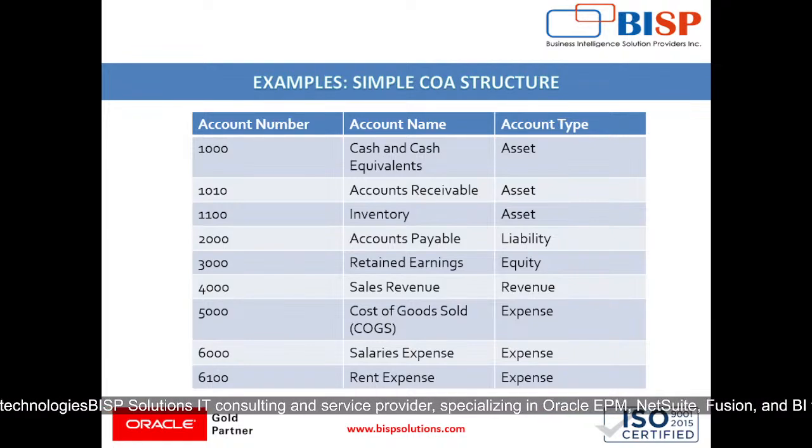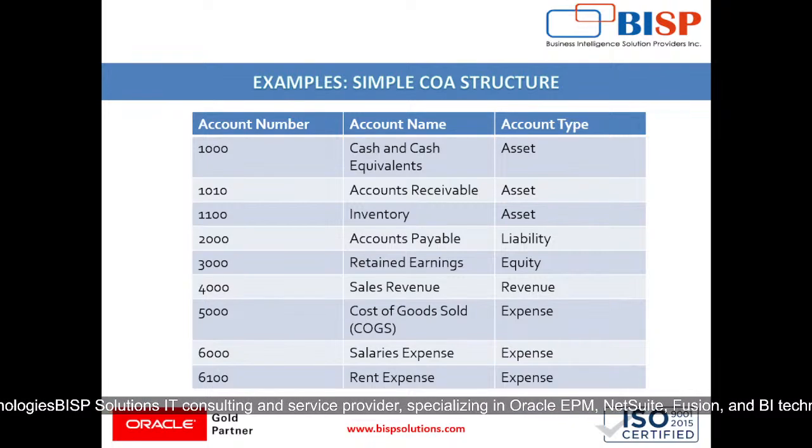Then salaries expenses, which will be coming under 6000 expenses. Then comes our rent expenses, so it will be coming in expense option and under account number 6100. So why is there a gap between cash and cash equivalent and account receivable of 10 numbers, as the account type is same?